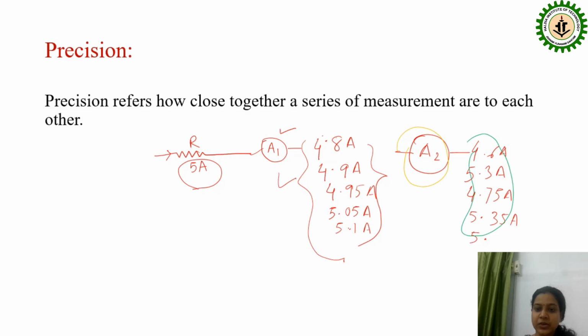These are random values, which are 4.6, 5.3, 4.75. These values are not very near to the true value of 5 ampere. So from this example we can say ammeter 1 is a more precise instrument compared to ammeter 2, where the series of measurements is very near to the true value. So ammeter 1 is more precise or sharp compared to ammeter 2.